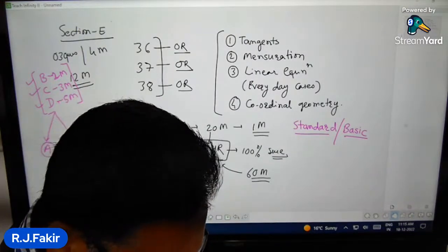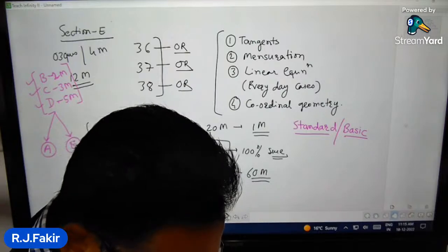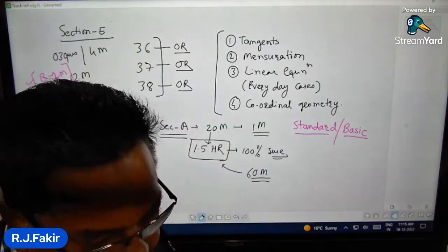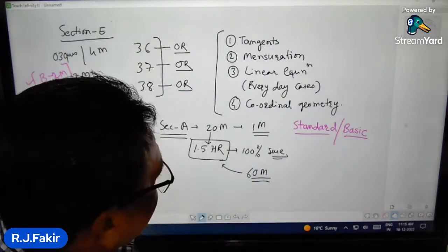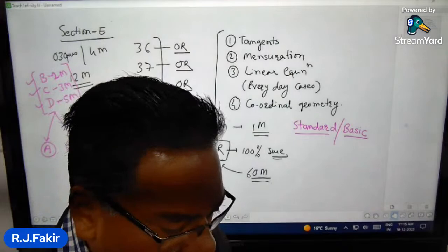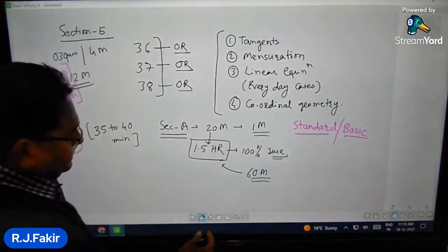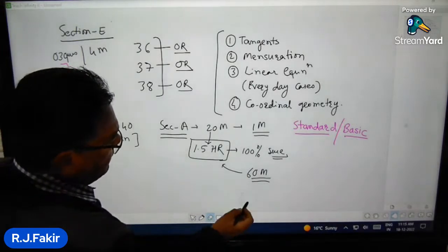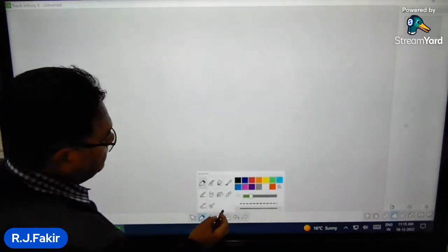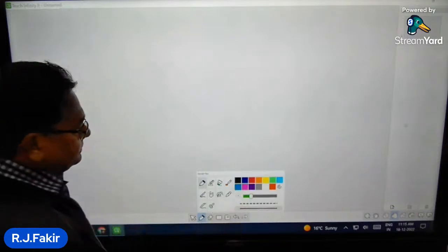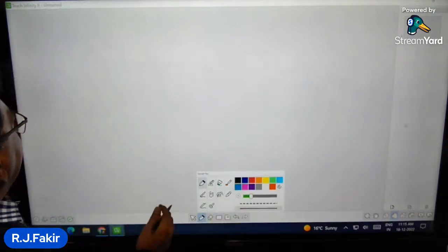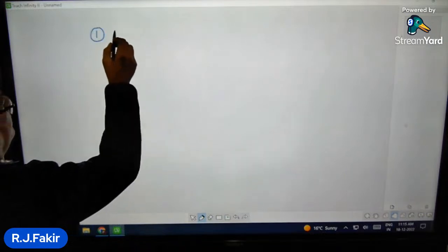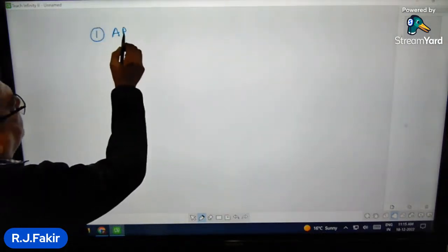Okay, so we can now take some of the examples where we generally make a mistake. So I will come to that point. Like the first question generally students ask is about AP, arithmetic progression.